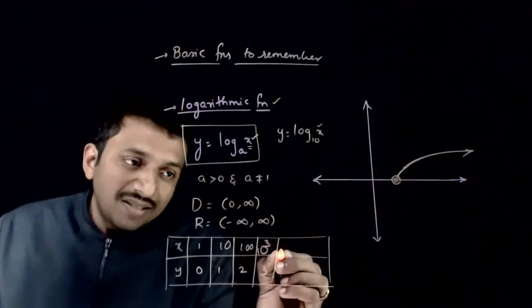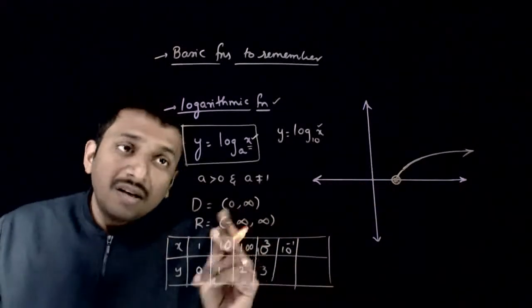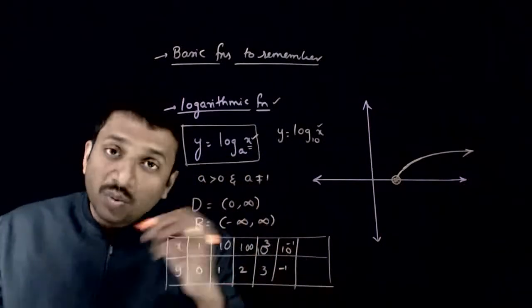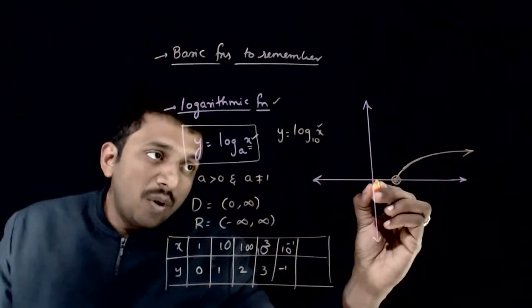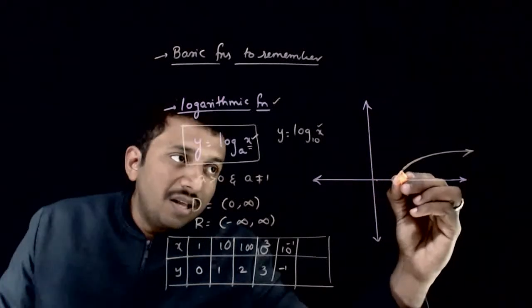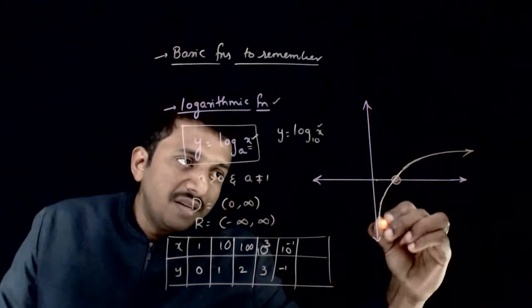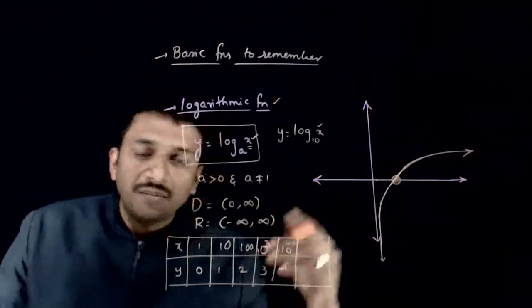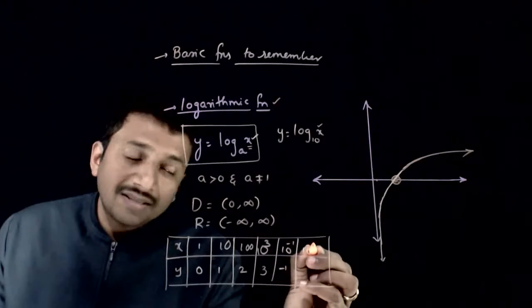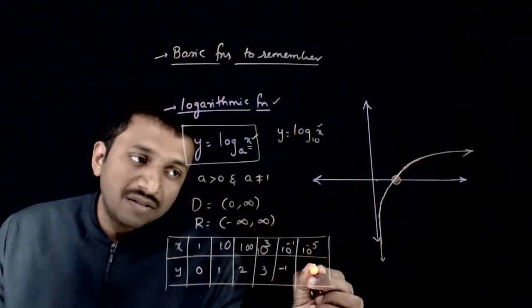And log 10 power minus 1 to the base 10 is nothing but minus 1. That is, if you have 0.1, the value becomes minus 1. The value of log becomes negative, and this negative number goes on till minus infinity. Log 10 power minus 5 is nothing but minus 5.